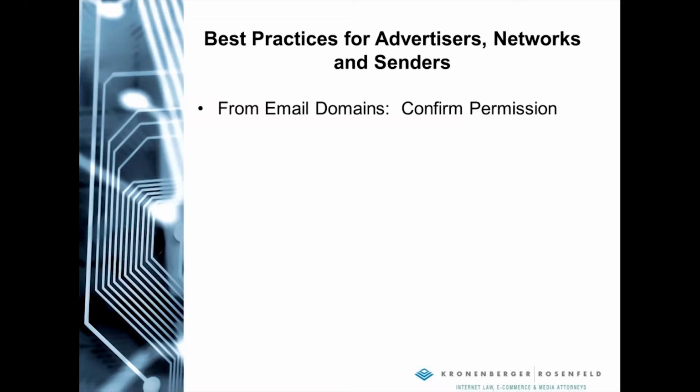It may be a better argument than any argument they could come up with under A2 and A3. So the compliance advice is confirm that your senders have permission by implementing a compliance program or working with your network on a compliance program.